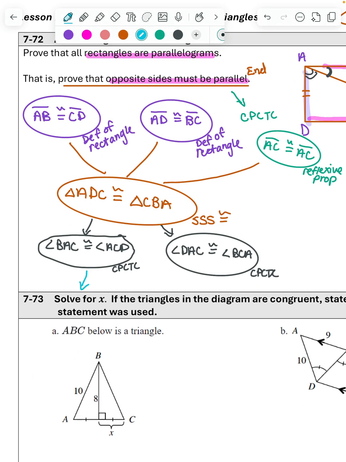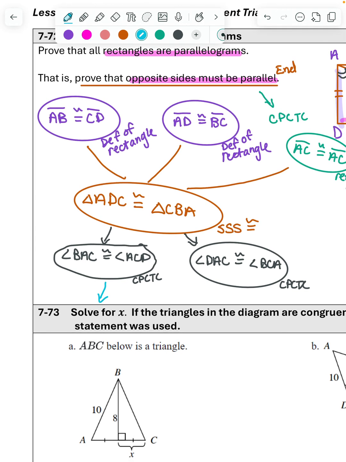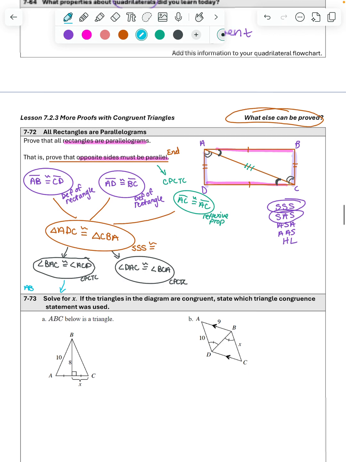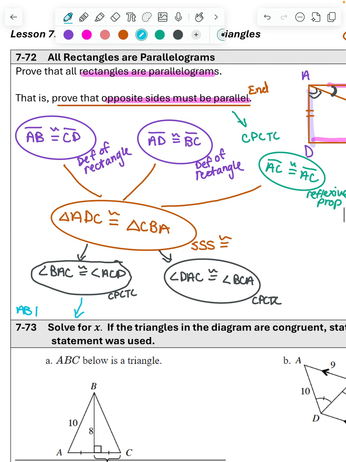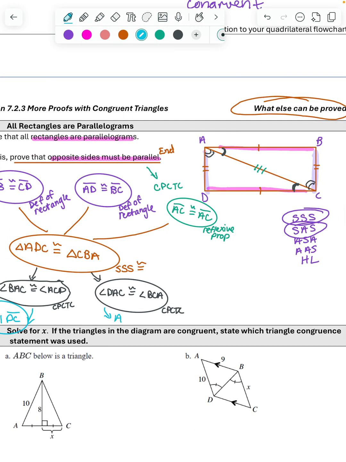So from here, I can say that, and I'm running out of room, so sorry. But here I can say that AB is parallel to DC. And that's the symbol for parallel. And because of this set of alternate interior angles, I can say that AD is parallel to BC.